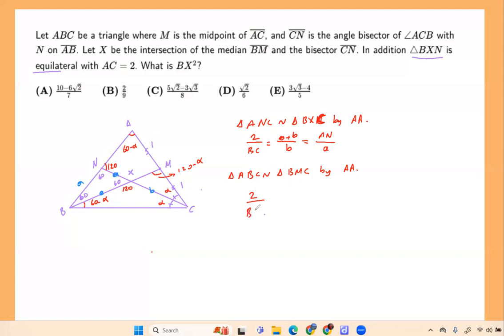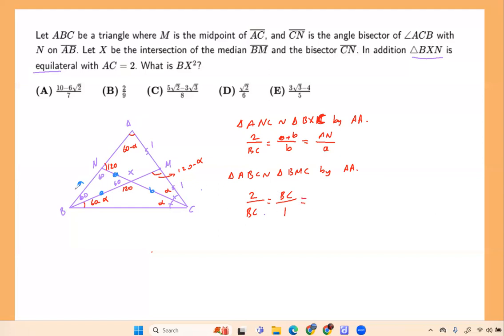So 2 over BC equals, in the original triangle ABC, maybe I can take BC now, because that's something we are using in the other triangle as well. BC is opposite to 60 minus alpha in ABC, but in BMC, 60 minus alpha is opposite to 1. So which is actually nicer because we are going to be able to get BC.